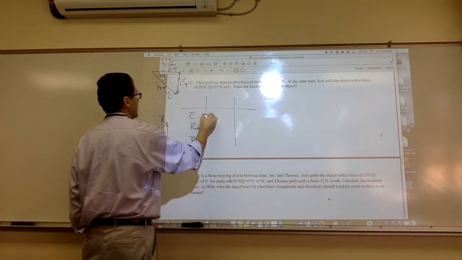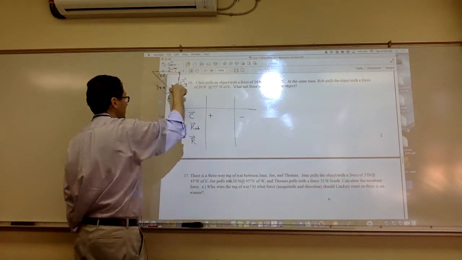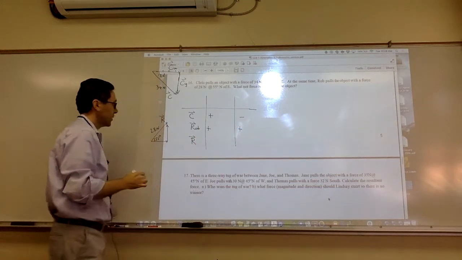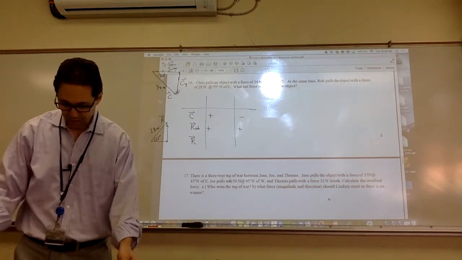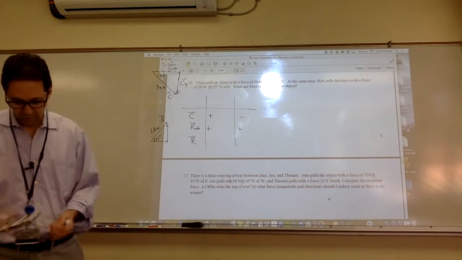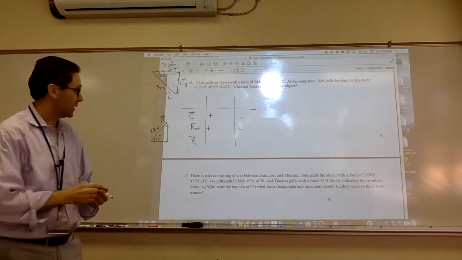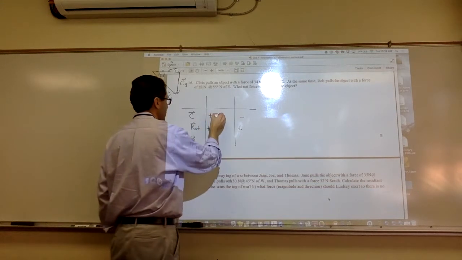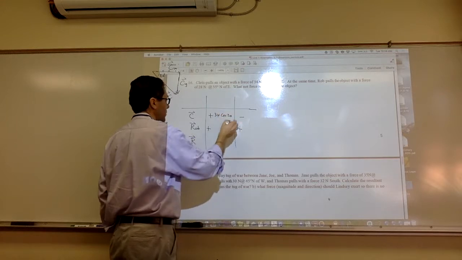So for Chris, it's going to be positive and negative, because it's right and down. For Rob, they're both going to be positive. Now if you do a little bit of trig here, these are the numbers you're going to get. So for Chris, it's going to be 34 cosine of 20. You can figure out what that number is.